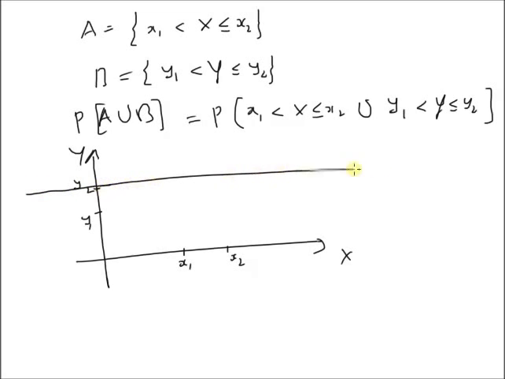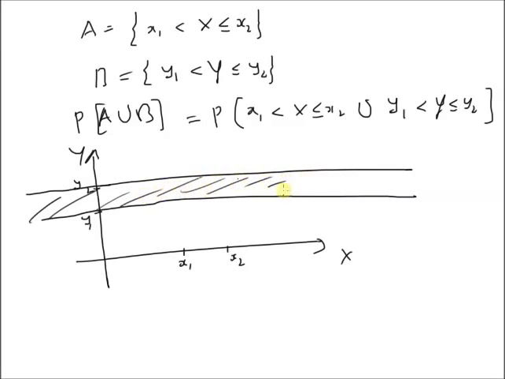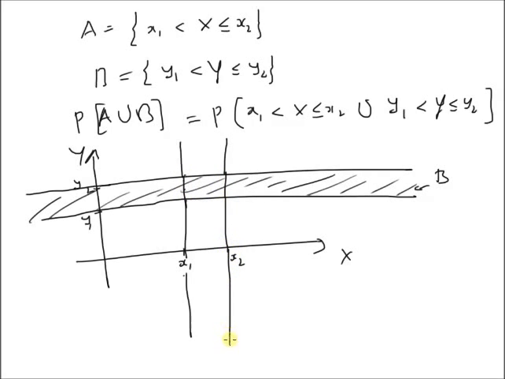That is, this is obviously the event B. This is event B, and the event A is represented by this.